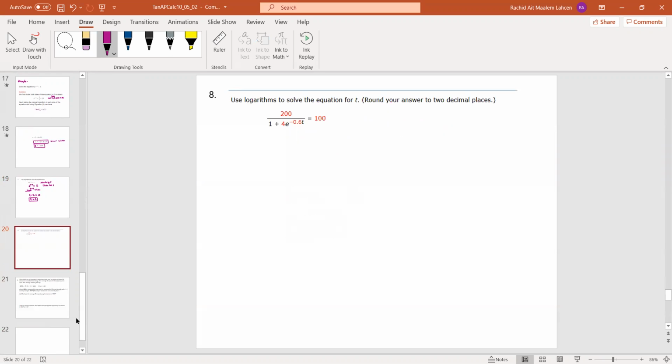So use logarithms to solve this equation. We have, of course, t here at the bottom, and we can think about different ways. How would we solve this one? So maybe we want to cross multiply. If you cross multiply, you get t equal 200.